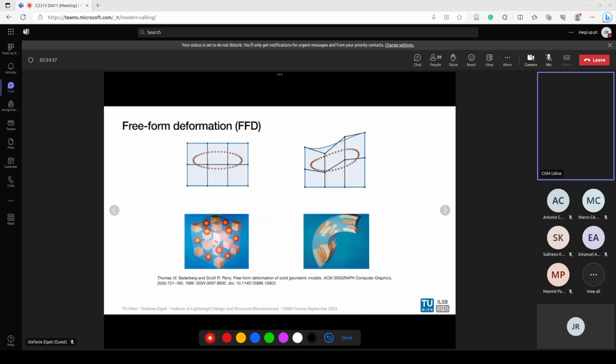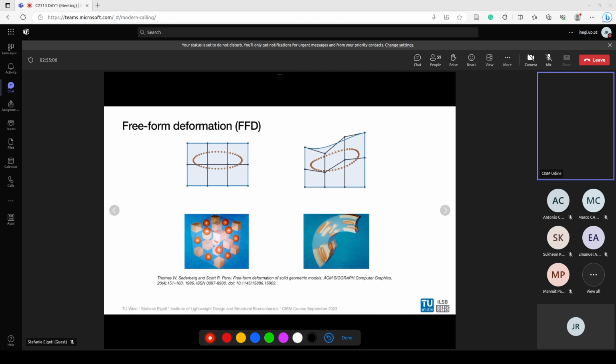For the freeform deformation, the idea of freeform deformation is already quite old. So the first paper was published in 1986, from computer graphics, and the idea is that you embed shapes, here the circle and these cubes, into some outer shape.